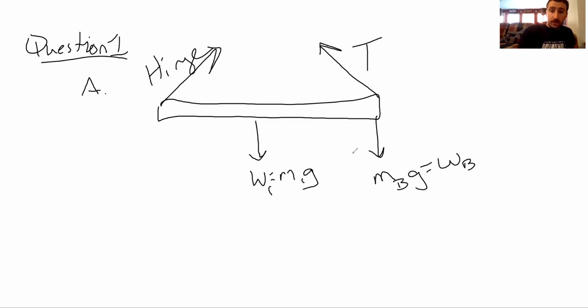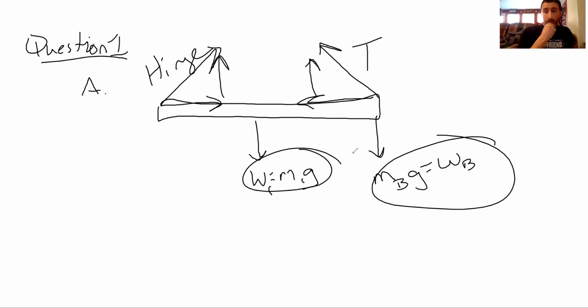That cancels out because if you break this down, so to compensate, you're going to have some going this way and then some going up to compensate for these two down here. So there's your 4 forces: hinge, tension at the 30 degrees, weight of the rod in the center, and weight of the mass at the end of the rod. Okay.